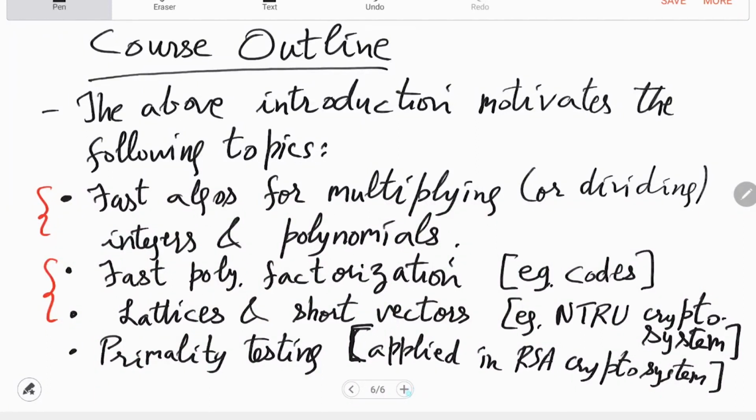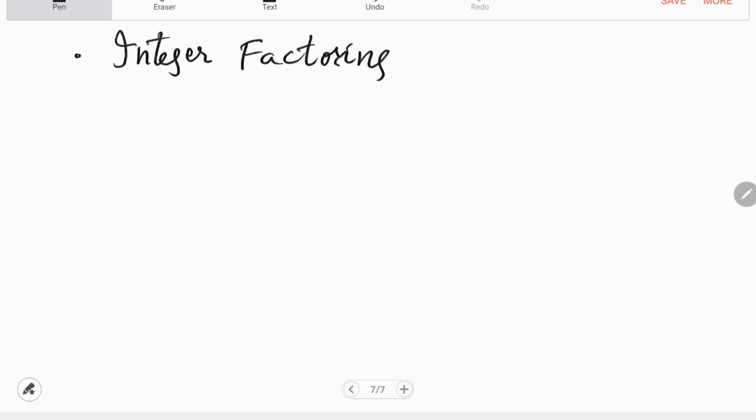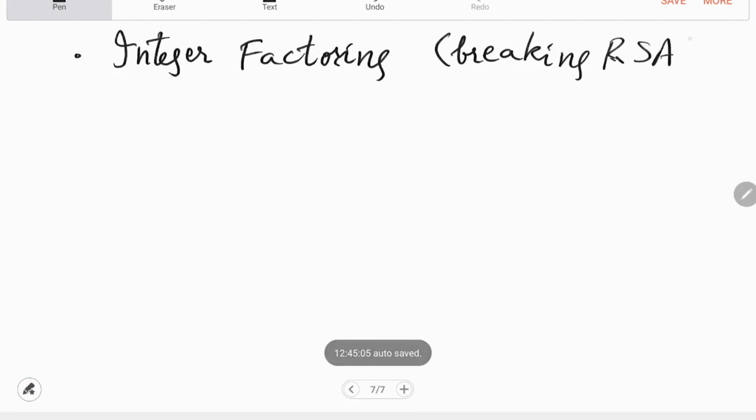So in the end, we will not have much time, but we will do some integer factoring for whatever it's worth. If you can make it optimal, or if you can make it practical, then you can break RSA. But the state of the art is far from that.